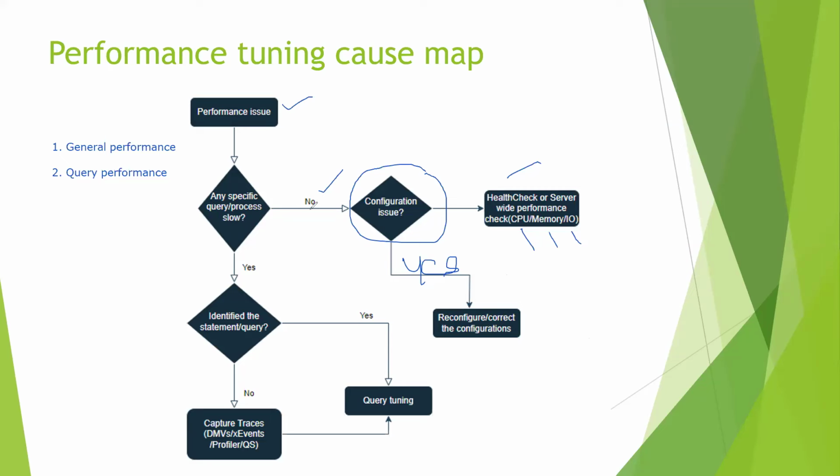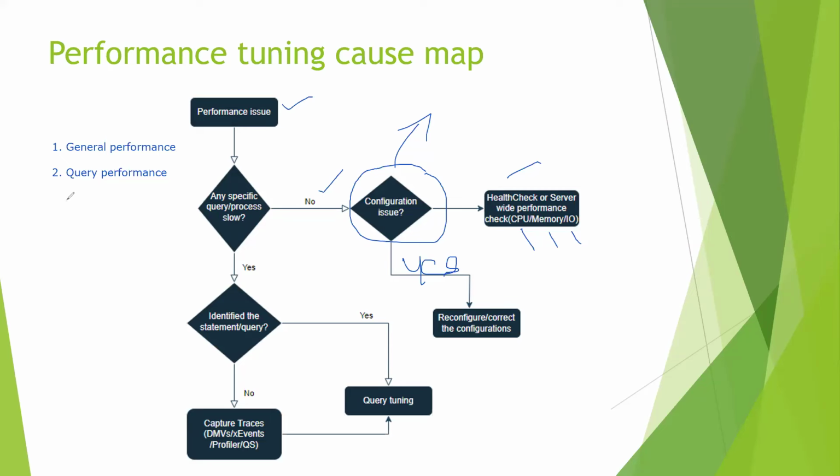Let's say the application says I have a specific query which is running slow. If the specific query is the issue, we need not validate the configuration. If there is a configuration issue, a specific query would not be the only one slowing down. There are chances, but very few.